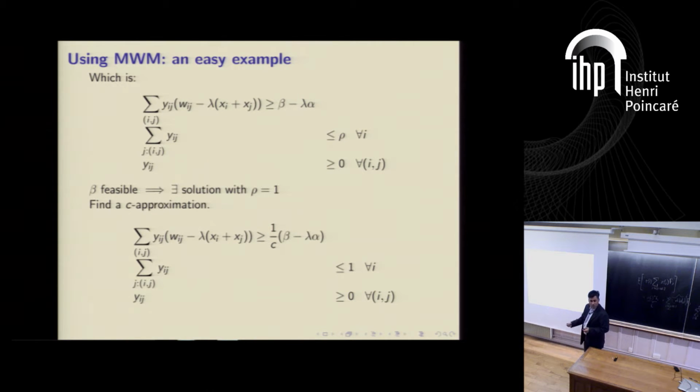Here's a trivial thing which I can do. I take every y_ij and I multiply it by c. That's it. If I multiply everything throughout by c, I would satisfy this thing with a factor of c, and this thing will get multiplied by c, and I'll get that, and I've solved my optimization problem, or subproblem.